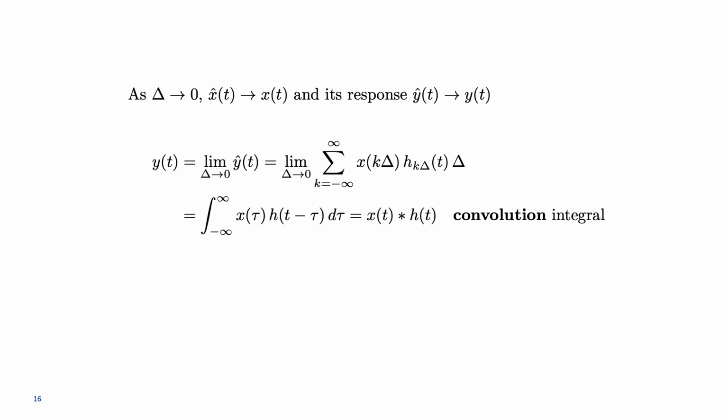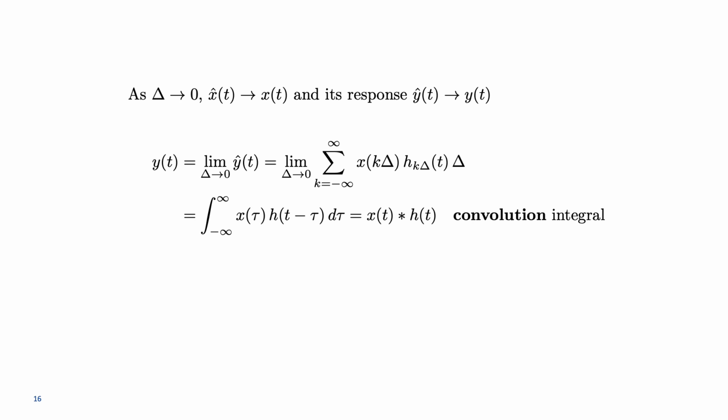The result of this is an integral between minus infinity and infinity of x of tau, where tau is a mute variable, h of t minus tau d tau. The same thing can be written with an asterisk, or a star, as x star h. This operation is called a convolution. So this is what we call the convolution integral.